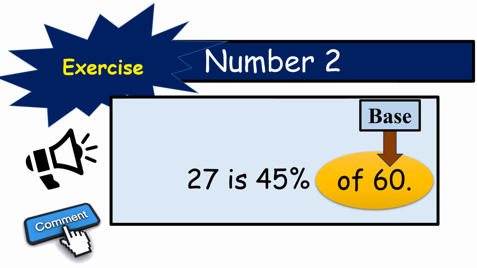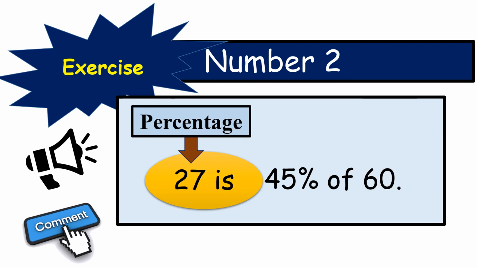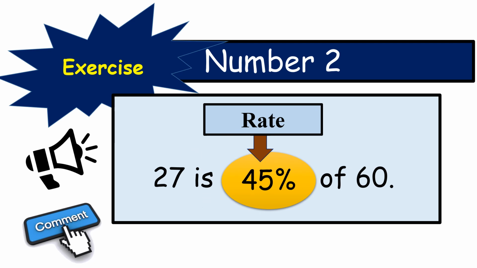Base is always followed by the word of, like in the given of 60. And percentage is always with the word is. So, it's 27 is, while rate is the number with the percent symbol. That is 45% in the given.